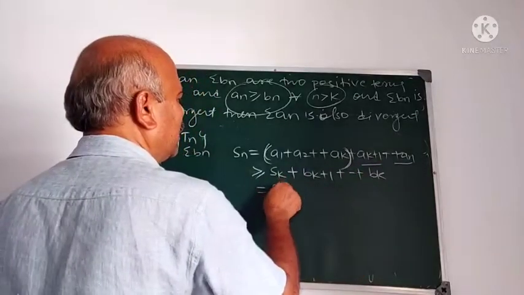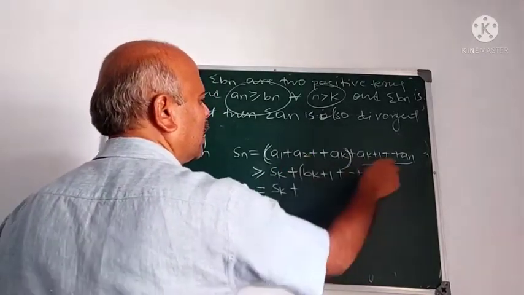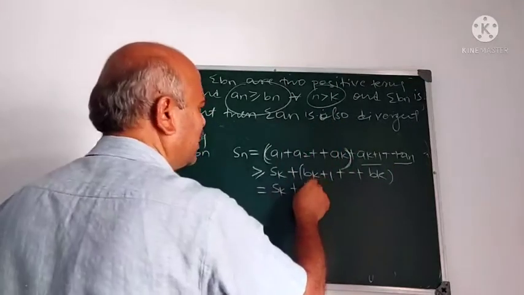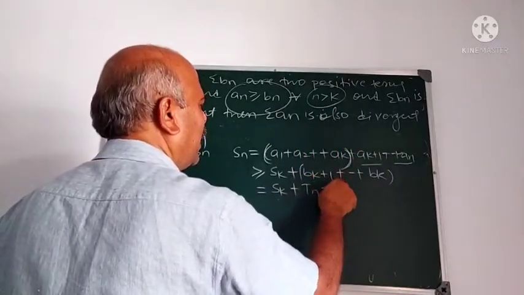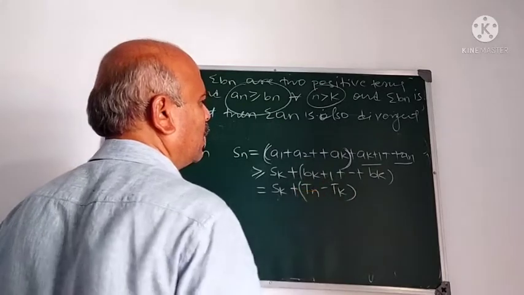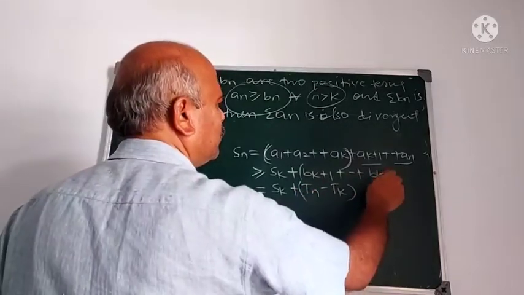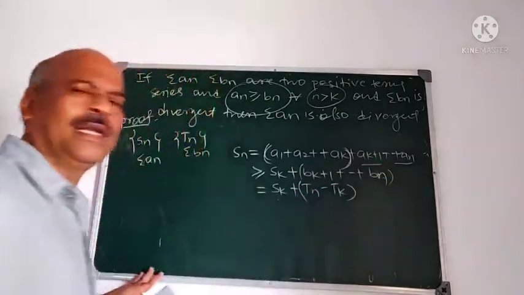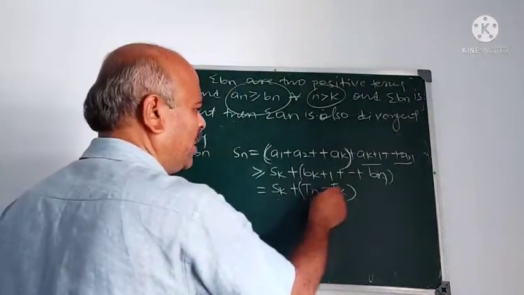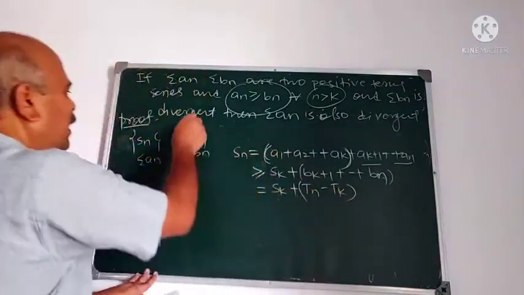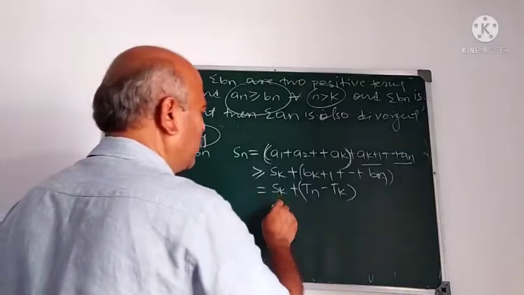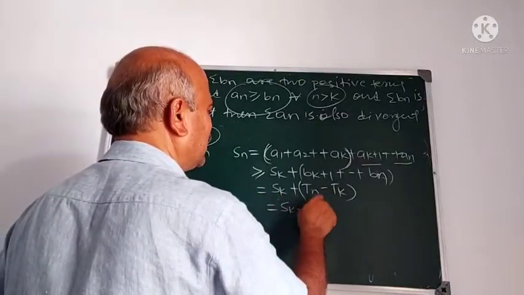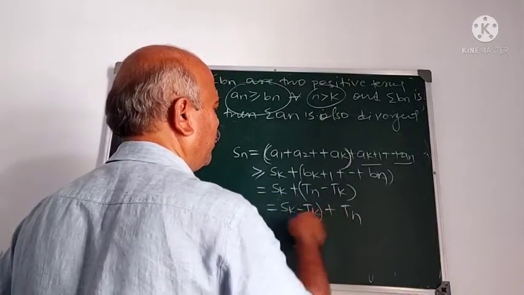Therefore it is Sk plus, what is this now? As in the previous theorem, it is Tn minus Tk. Correct? You know the meaning of Tn minus Tk because Tn is clearly defined here. Therefore, it is Sk minus Tk plus Tn.